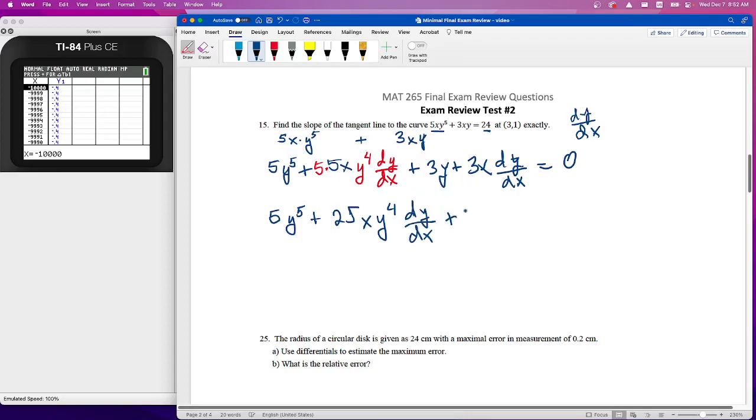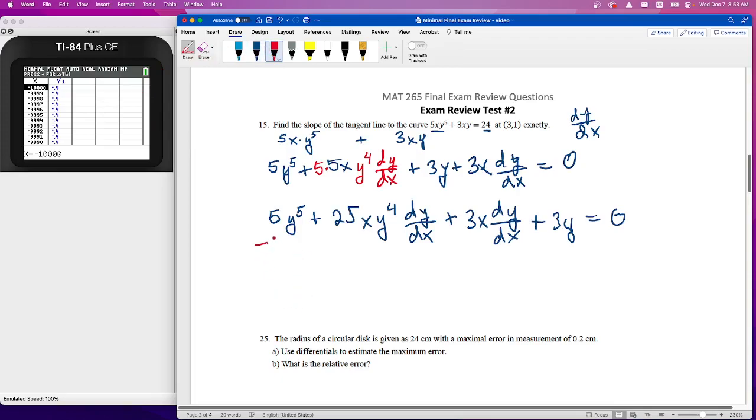And I guess that was a lot of work of copying just for that little piece. Well, while we're at it, I'll do a little bit more. I'm going to move these so that the dy/dx terms are next to each other. So I'm going to write this one first, 3x dy/dx, because that's what we want to isolate, plus 3y. So I just swapped these positions.